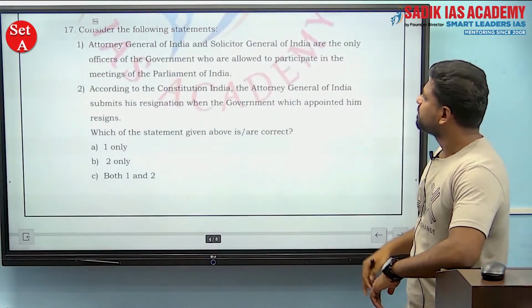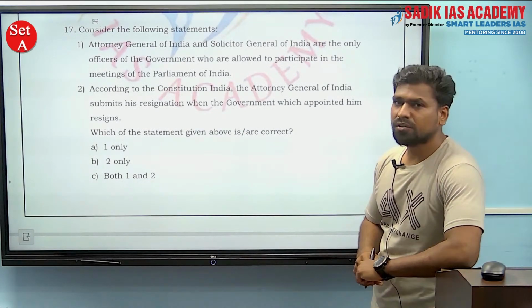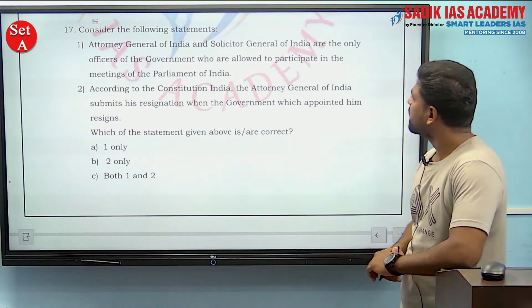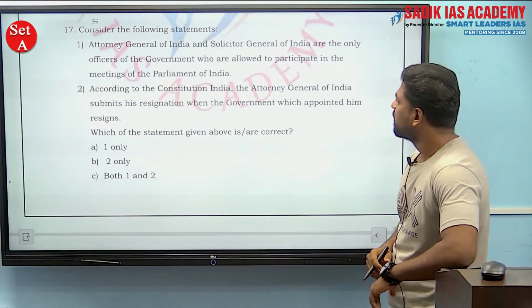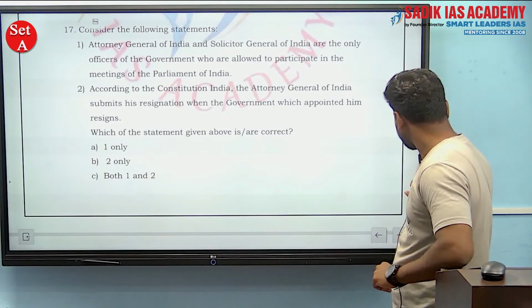17th question. Consider the following statements. Attorney General of India and Solicitor General of India are the only officers of the government who are allowed to participate in the meetings of the Parliament of India.